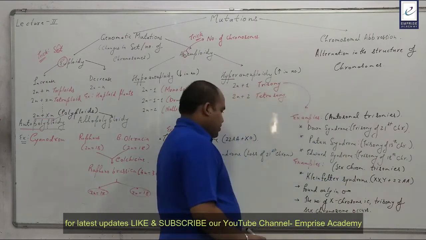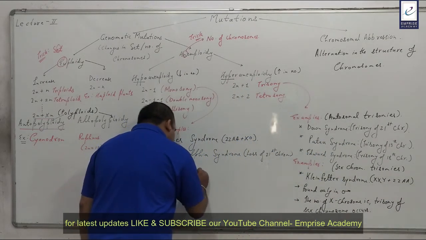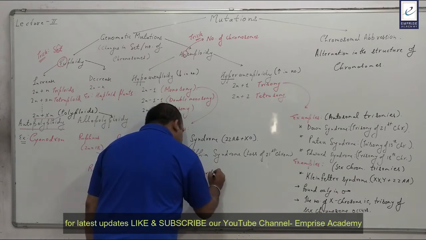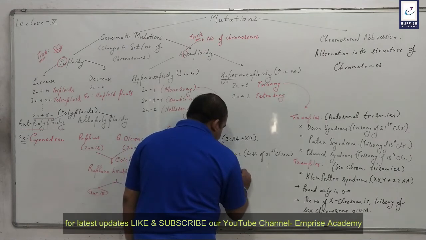The number of bar bodies can be explained with this formula. Number of bar bodies equals number of X chromosomes minus 1.